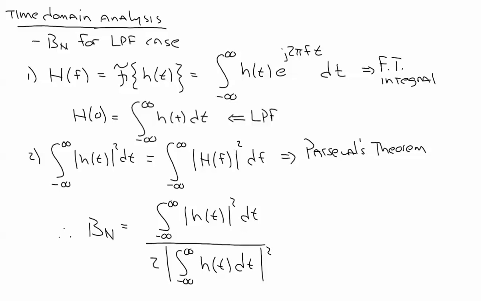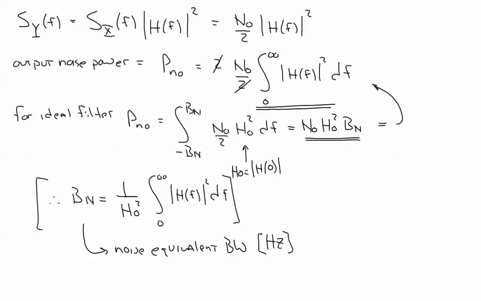Okay, that's my relationship. Now, you'll notice that this factor of 2 comes in because I'm employing Parseval's theorem in the numerator of this time domain relationship for my noise equivalent bandwidth, whereas in the frequency domain characterization for noise equivalent bandwidth, I was integrating from 0 to infinity.